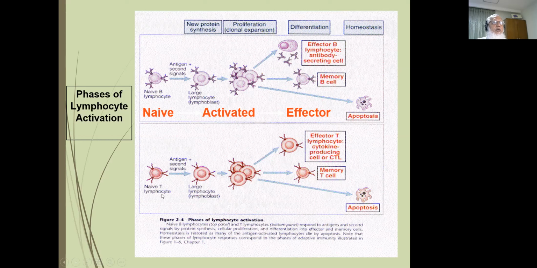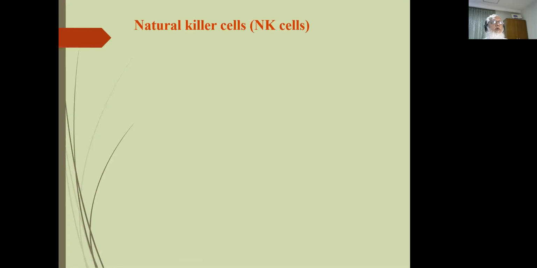Similarly, a naive T lymphocyte on antigen stimulation becomes a large lymphocyte, and the effector cell is the cytotoxic T lymphocyte. After the fight, some of them will die by apoptosis, and a few will remain as memory cells. If they come in contact with the same antigen again, they will mount an immune response, the secondary immune response.